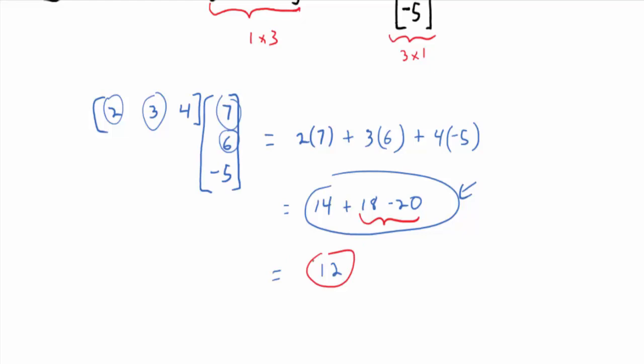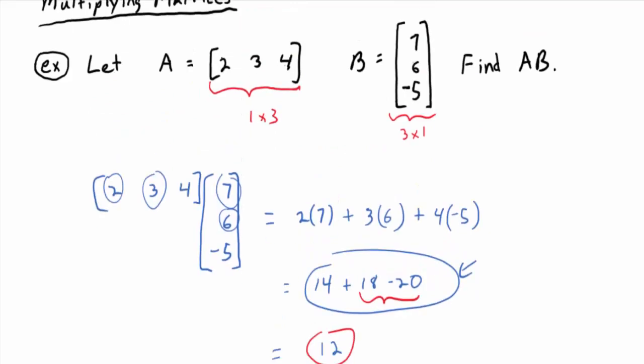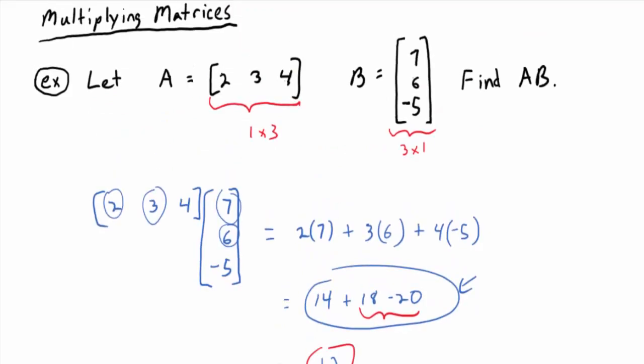Now let's analyze a couple of things here. The reason why there was that correspondence in the first place that we talked about, between first entries, second entries, third entries, is due to the order. This was a 1 by 3, and A was a 1 by 3, and B was a 3 by 1.